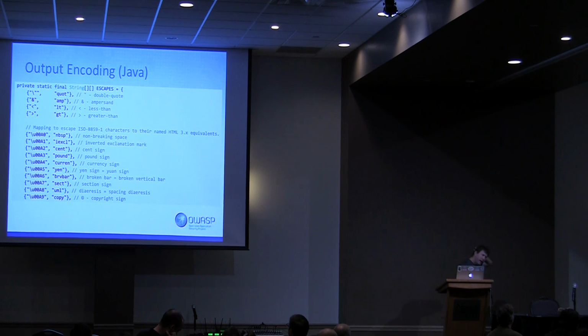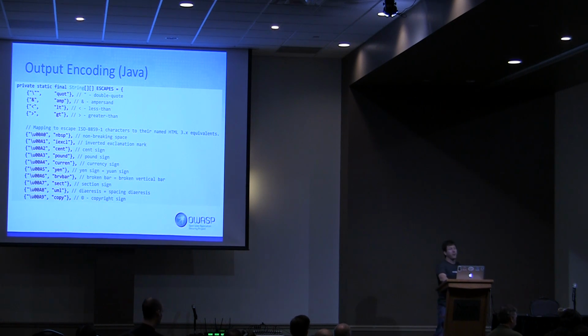And by doing that encoding, that actually fixes the problem, because if we know that this is text to be displayed, it needs to be encoded like this so that the HTML rendering engine is going to treat it in that way.